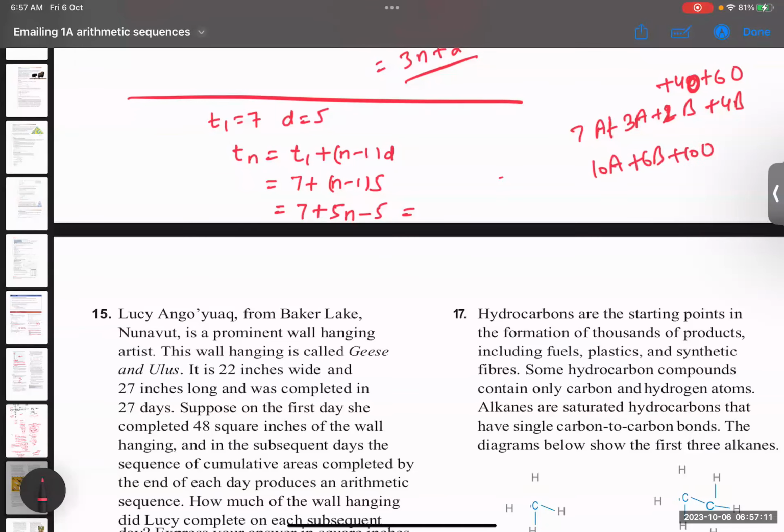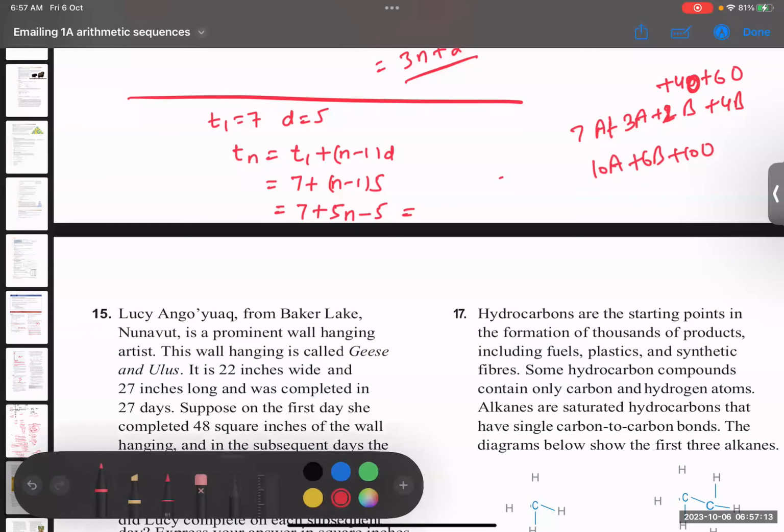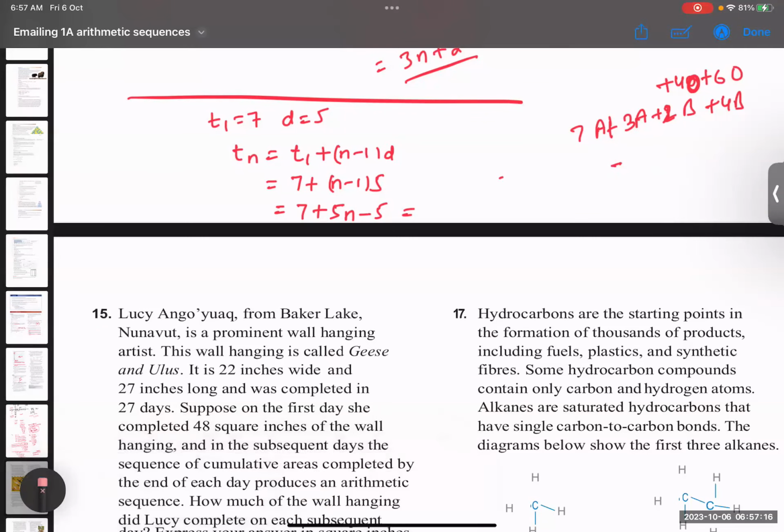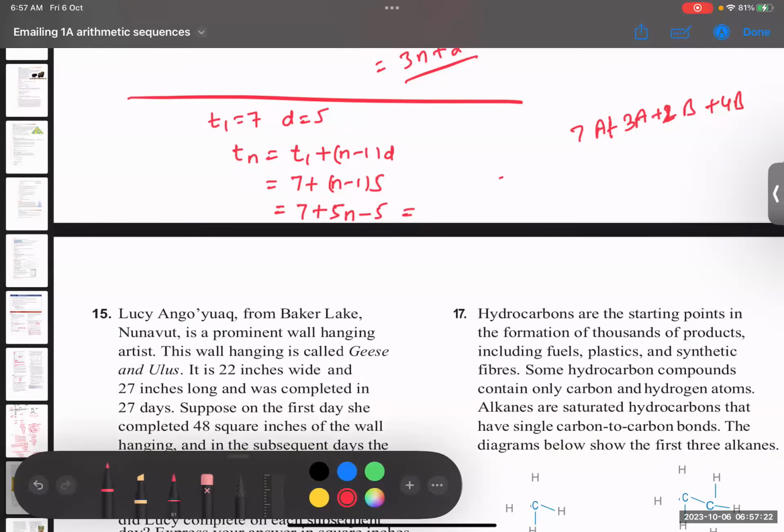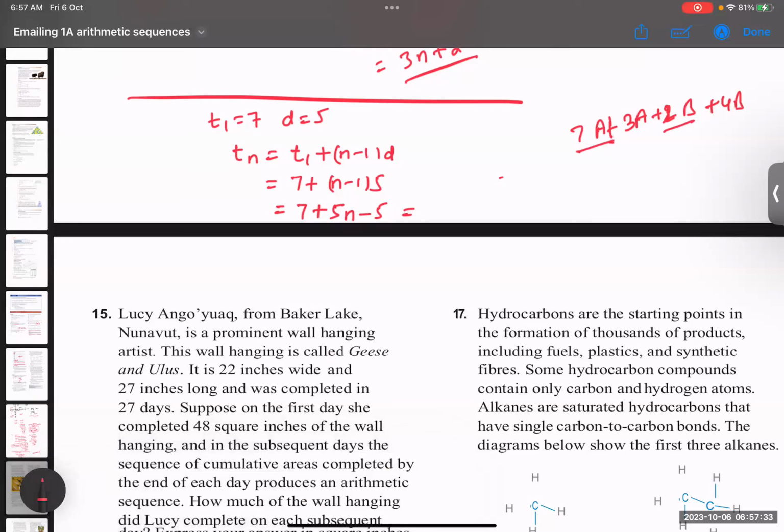Now I ask you the question once again. Listen to me very carefully. If I ask you to add the apples, can you add bananas with the apples? No. If I ask how many apples there are, you will say 7 apples, not 7 apples plus 2 bananas equals 9 apples.